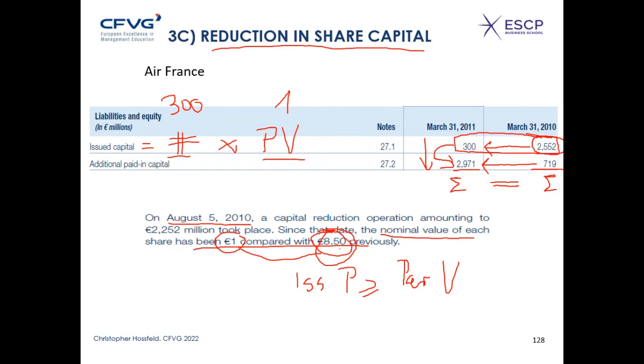Therefore, they reduced the par value, and now they have some room for maneuvering, because even if the share price is 9 euros, my par value is 1 euro. Well, there's a wide range of potential issuing prices that I can propose.